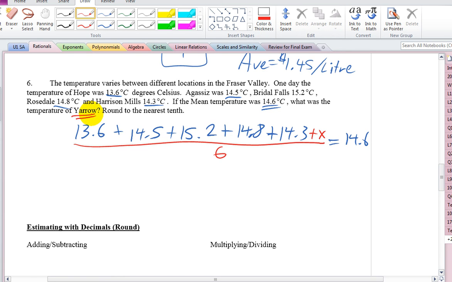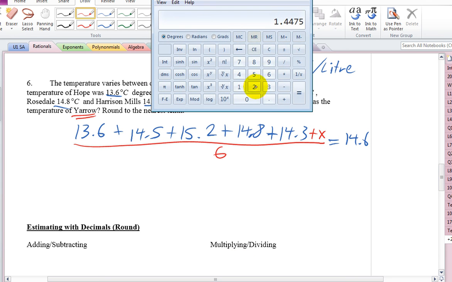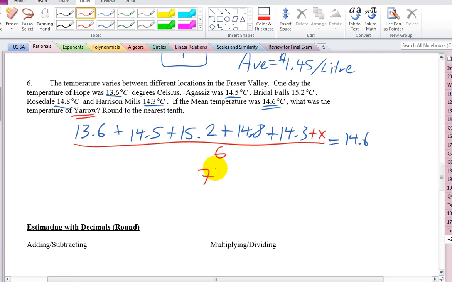Let's add all those numbers up first. Okay, so 13.6 plus 14.5 plus 15.2 plus 14.8. So we had 72.4 plus X, all divided by 6, equals 14.6. Okay.